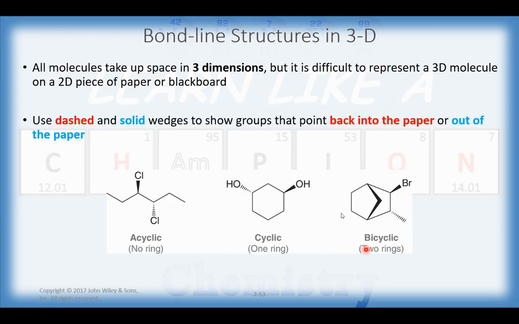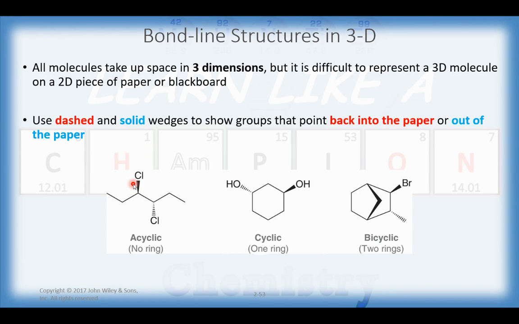And so when we look at this first one here, it's an acyclic hydrocarbon, just meaning it's basically a chain of carbons. Whenever you see a solid wedge, that's indicating that the atom that's attached to that solid wedge is coming out of the plane of the carbons.